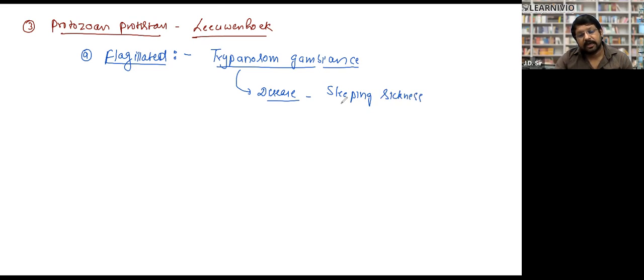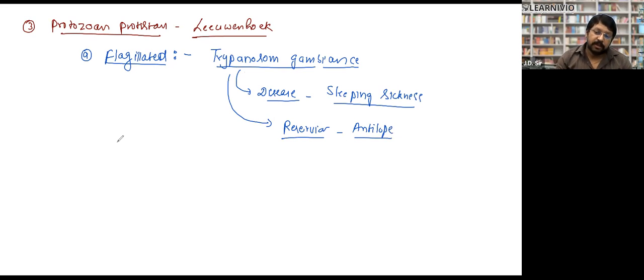In this disease, the host, or we can say the patient, goes into deep sleep, like a coma-like state. And do you know what the reservoir of this parasite is? For Trypanosoma gambiense, the reservoir is the antelope. In the body of the antelope this parasite is found, but it does not affect the antelope.